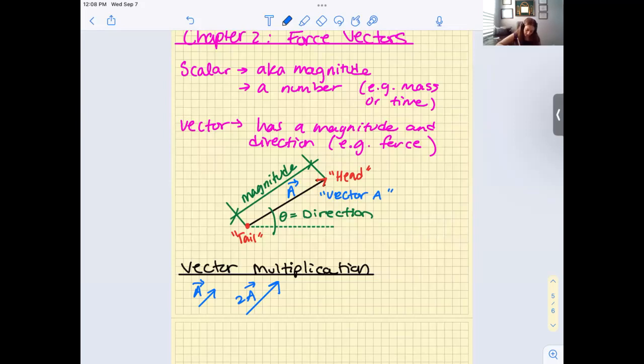Or negative A. The negative sign changes the direction it's pointing. Or if I wanted to scale it down and change it, negative 0.5A.